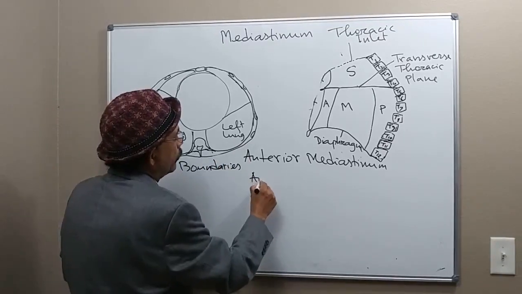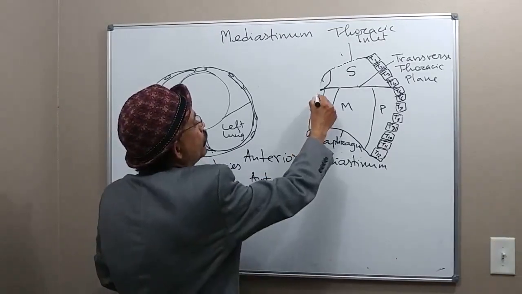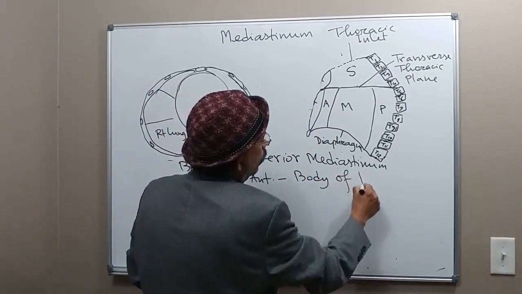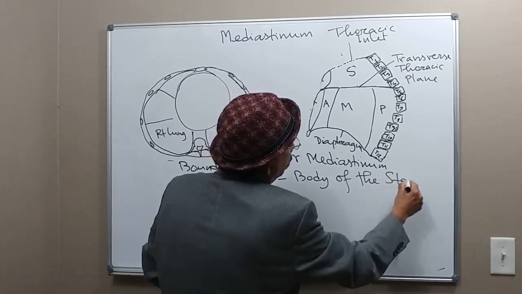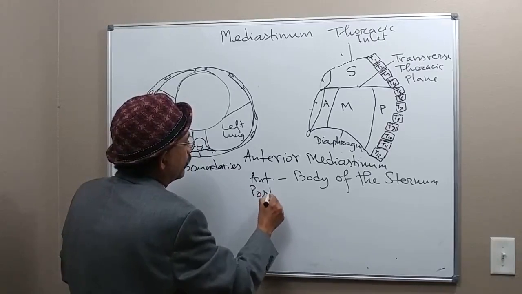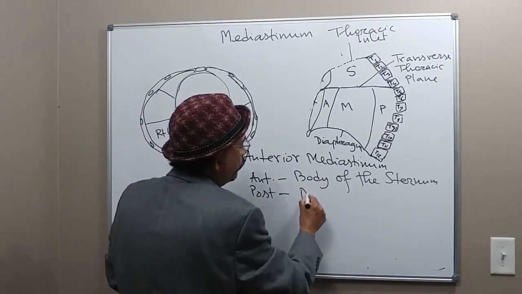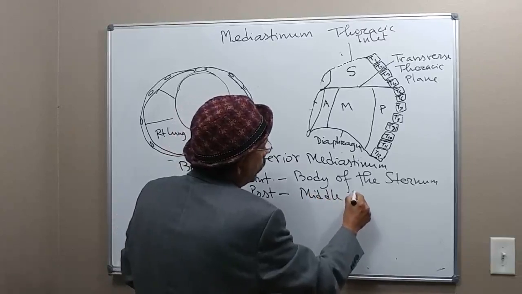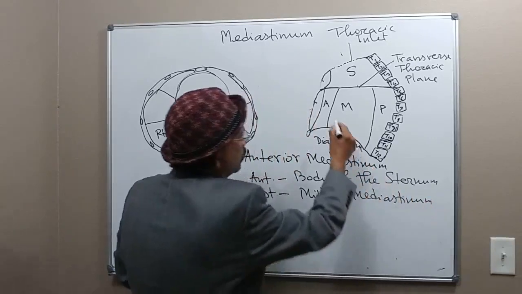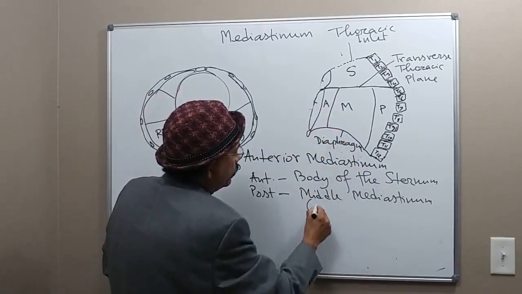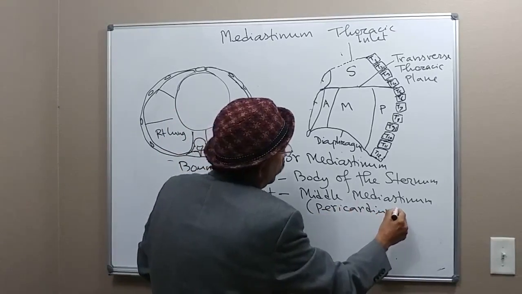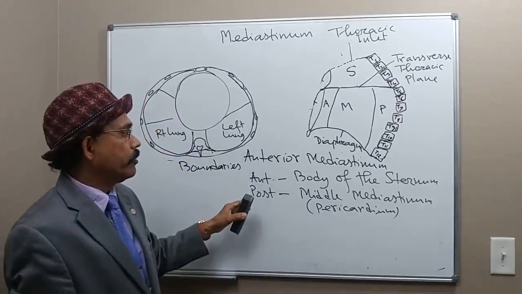Anteriorly, bounded by the body of the sternum. Posteriorly, bounded by the middle mediastinum, which we can call the pericardium here.